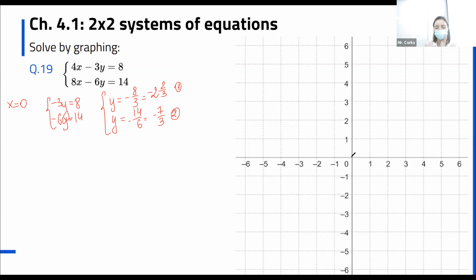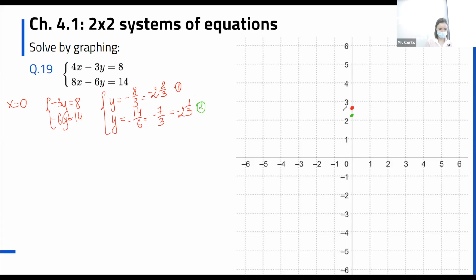Okay, 0, and minus 2 2/3, approximately over here. And the second one, we also need to find the whole number. Here is 2 and minus 2 1/3. Y equals somewhere here.